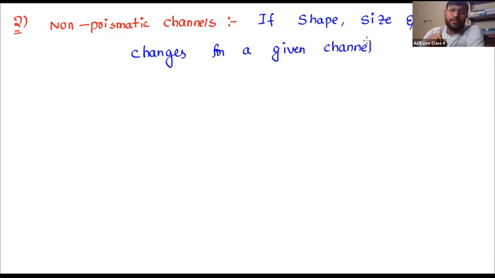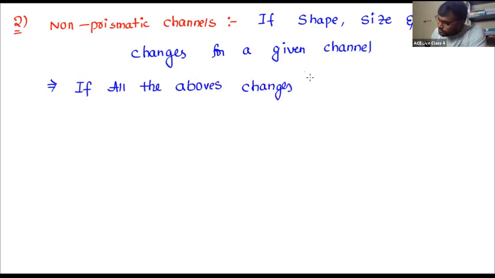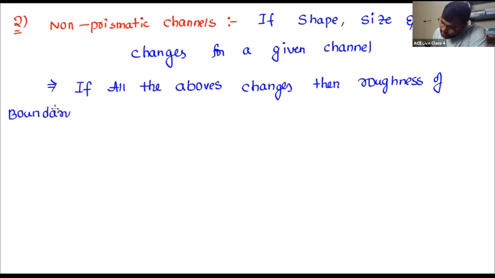My dear, if shape, size, slope change, then the roughness of the boundary also changes.